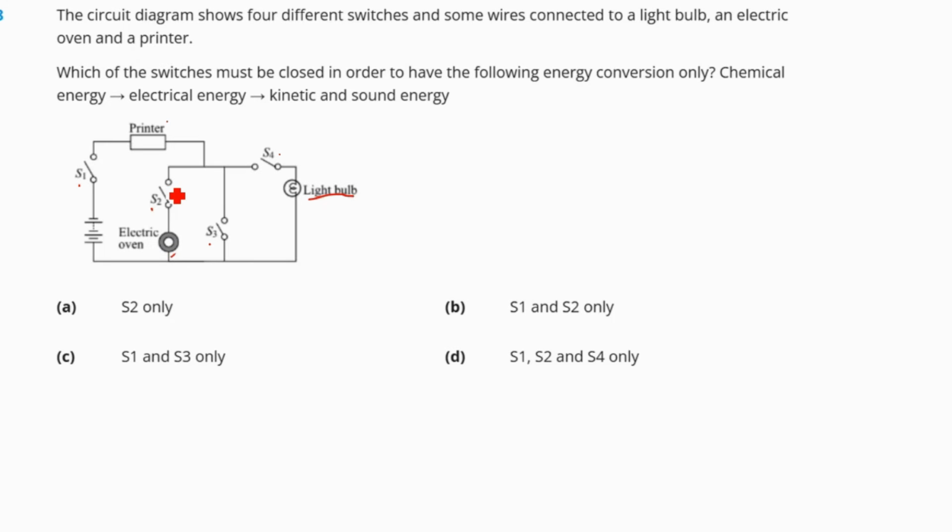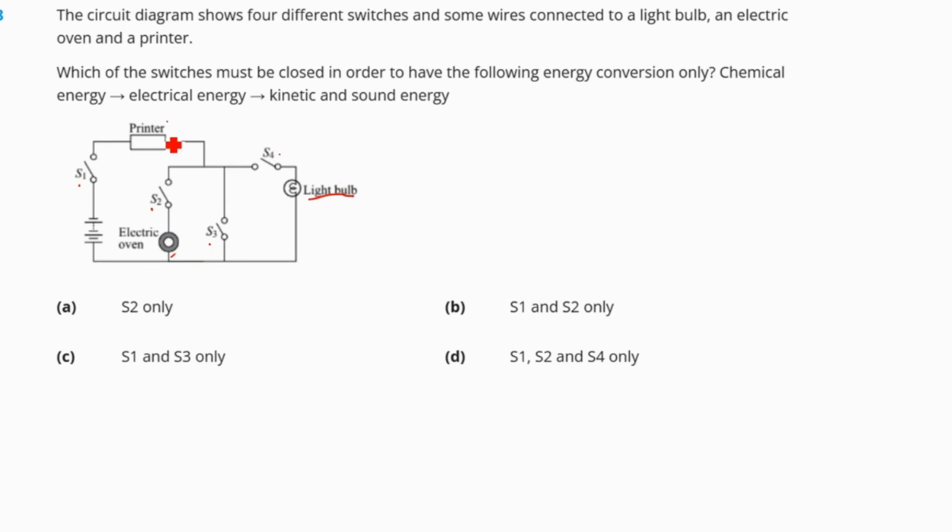So here you can understand that the chemical energy, that means the energy from the batteries, should be converted into electrical energy so that it is converted to kinetic and sound energy. That means the electric oven will not make any sound, the light will not make any sound.